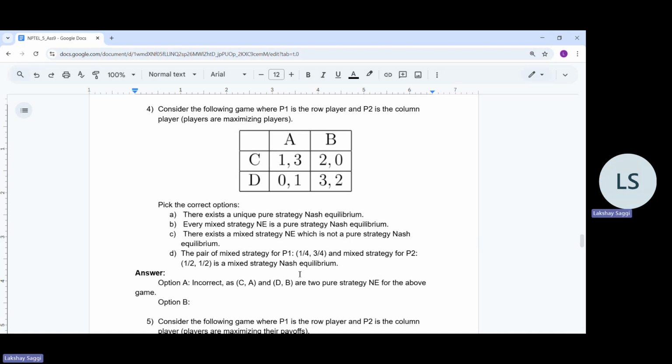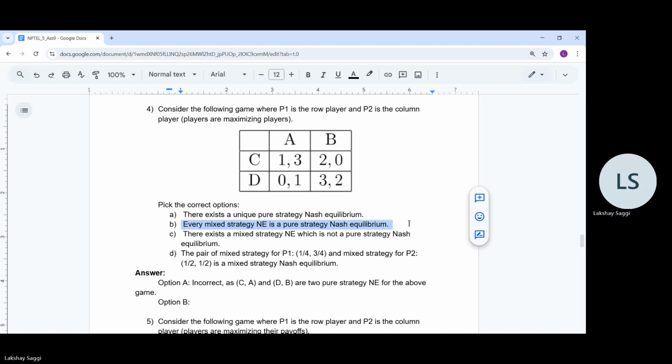I think you guys already know this also. So is this statement correct or incorrect?